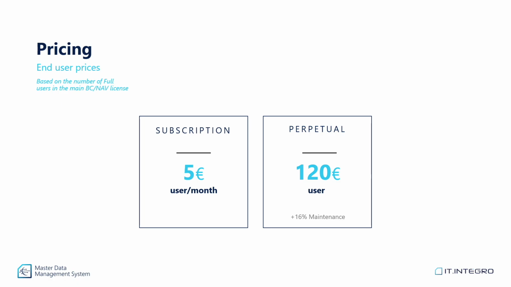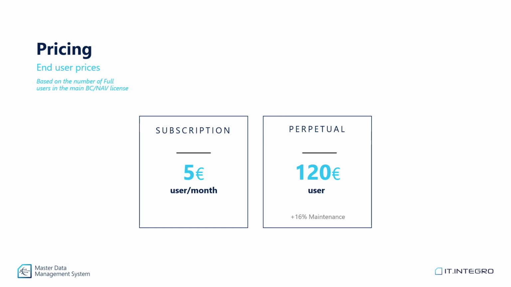In terms of pricing, the price depends on the number of full users in either the Business Central or NAV license. So the full users in Business Central would mean that we take into account only the essential or premium users. We do not count the number of devices or team members.